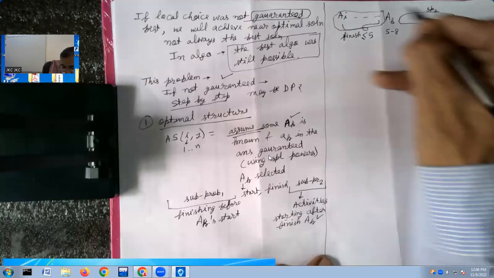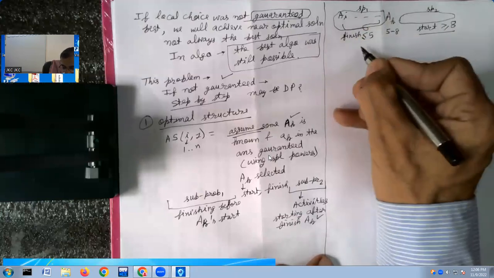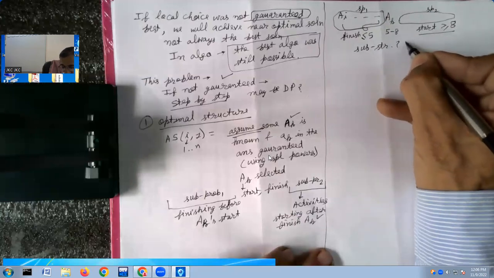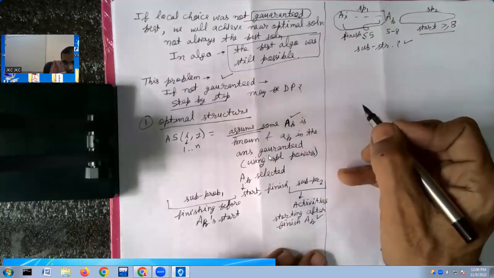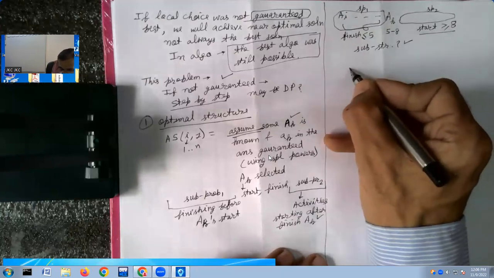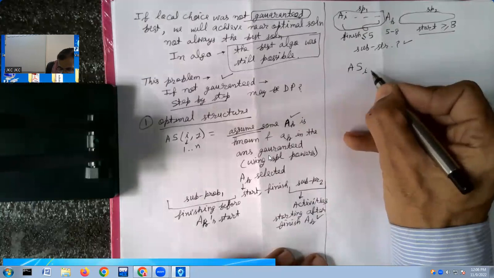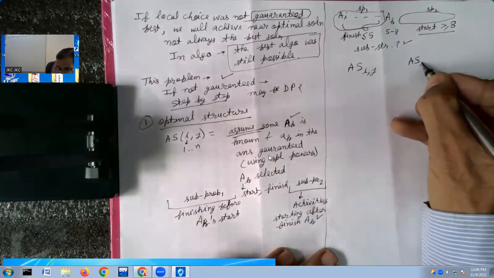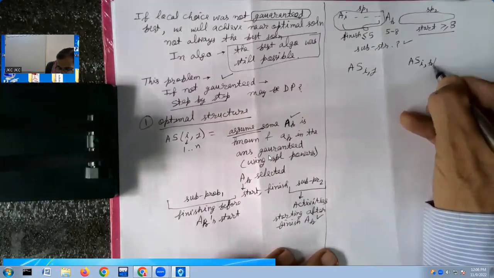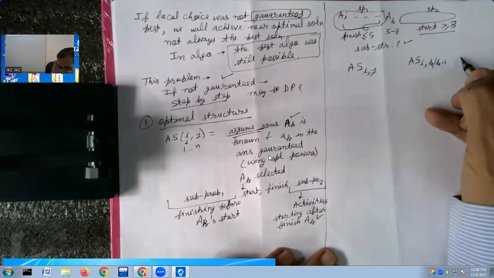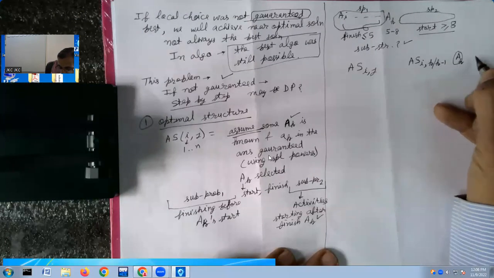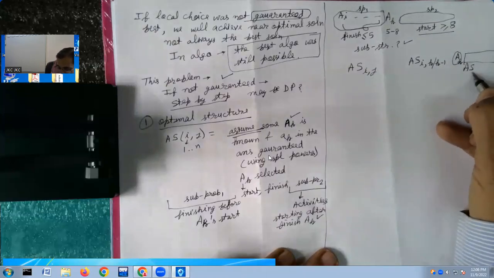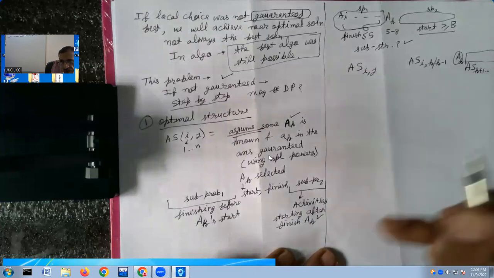So I have sub-problem 2 and sub-problem 1. Now I can see some substructure which can be used again here. I have to formalize this: if I say my AS is to be found for some ij, I would like to apply the same AS over i to k minus 1, then AK is guaranteedly selected, and then apply the same thing on the other side, from k plus 1 onwards.